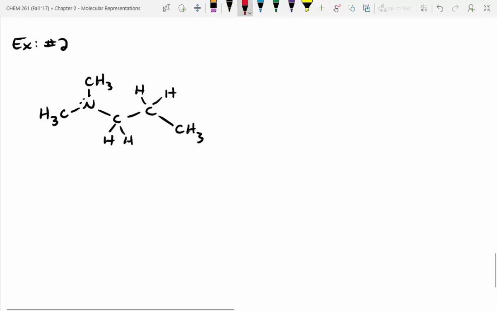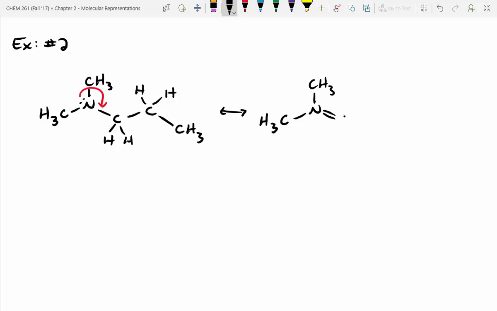This is one of the most common mistakes I see: an organic student will say, let's move this lone pair over. They'll say, all right, let's draw this. This now has a CH3 here. Now we've got a carbon, carbon, CH3, 2 hydrogens here, 2 hydrogens here, and this nitrogen has a formal positive charge.